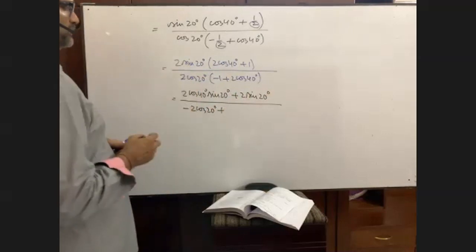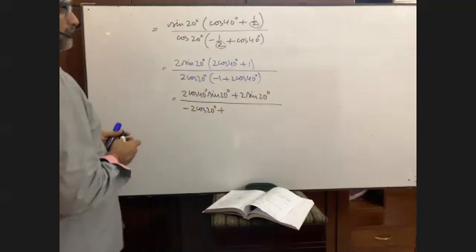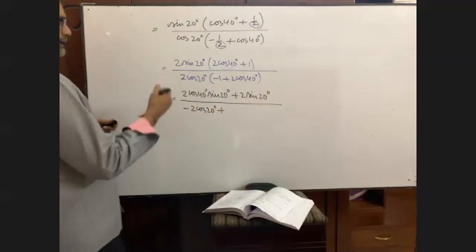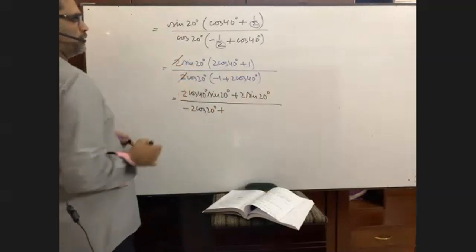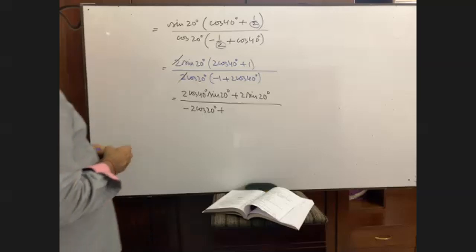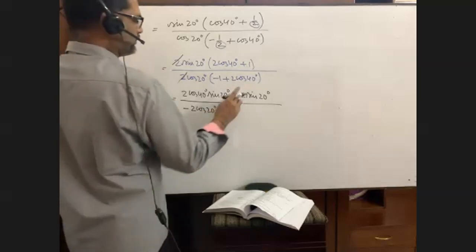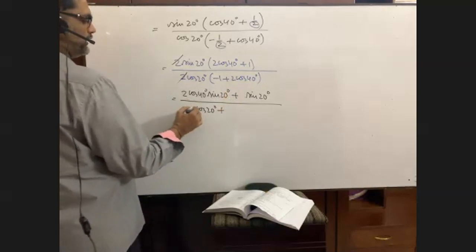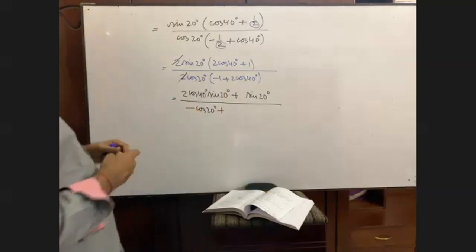My dear students, please look at the board. I have a mistake. Please pay attention. These 2 and 2 will be omitted. We don't need that 2, right? So it is only minus cos 20. We don't need that 2.